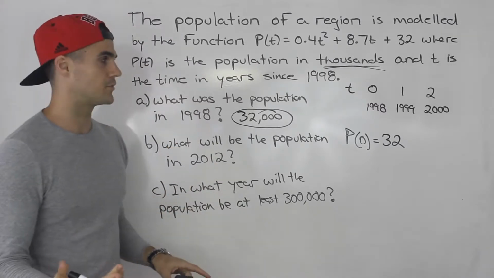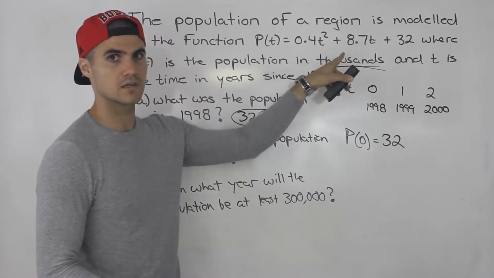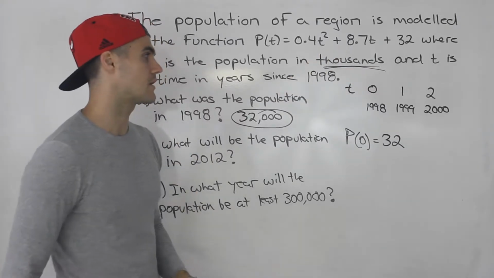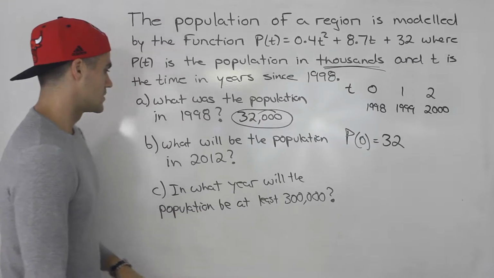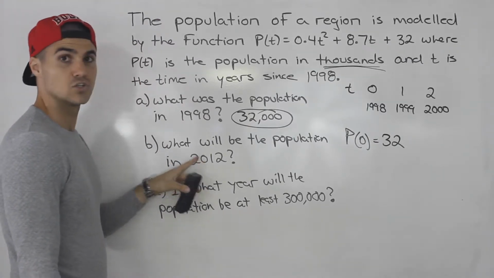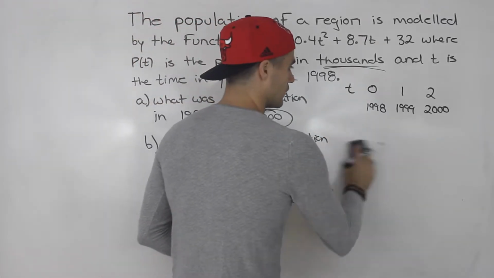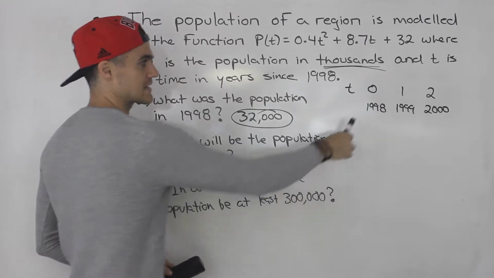If they were asking for the population in 1999, you would plug in 1 for t, get that number, multiply it by 1,000. So part B, what will be the population in 2012? So in 2012, how many years have gone by since 1998?